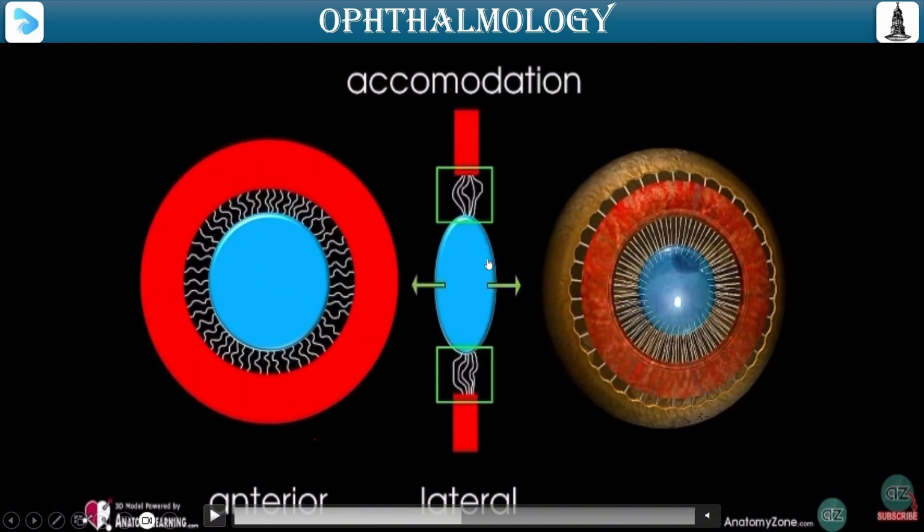Why? Because the lens became harder at its center. Why? Because the proteins gathered at the nucleus lost the fluid, so hardening and sclerosis occurred at the center of the lens, so it became less pliable, meaning less elastic, so less accommodation.